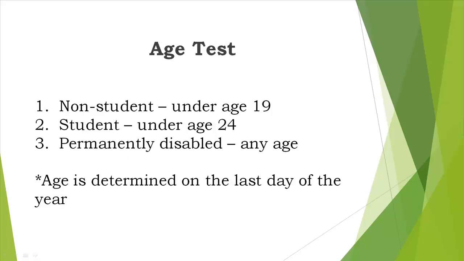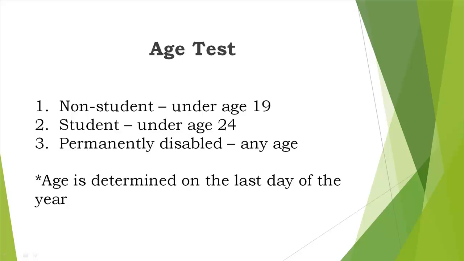The second test is the age test. If they're not a student, then they need to be under age 19. If they are a student, then they need to be under age 24. If they are permanently disabled, then any age. So if you have a 30-year-old child who's disabled, you can claim that child for their entire life.